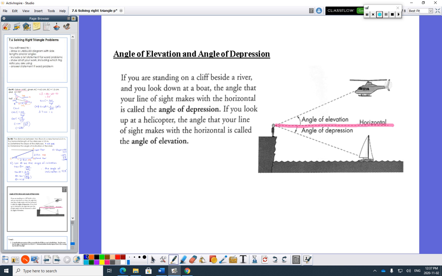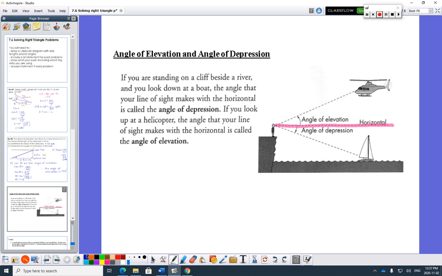So think about a horizontal and an angle up, and then depression is down. It's an unfortunate analogy, but say you're depressed, you feel down, okay? Then if you're looking, you go down, but it's always in relation to the horizontal.